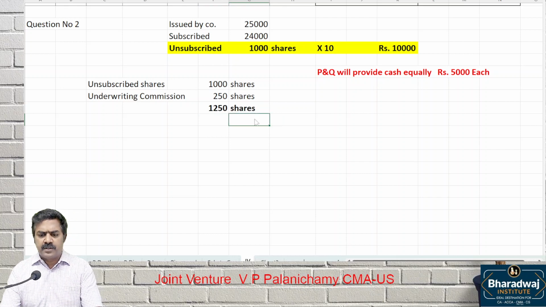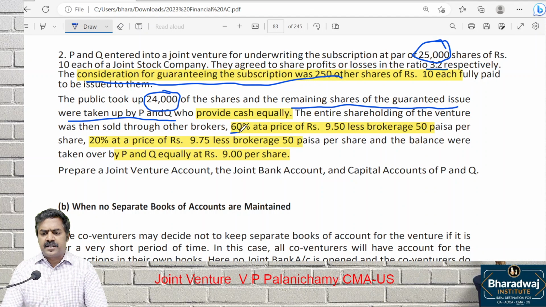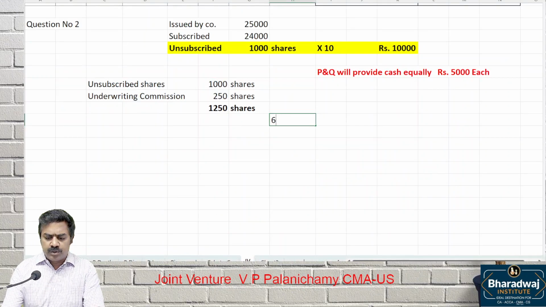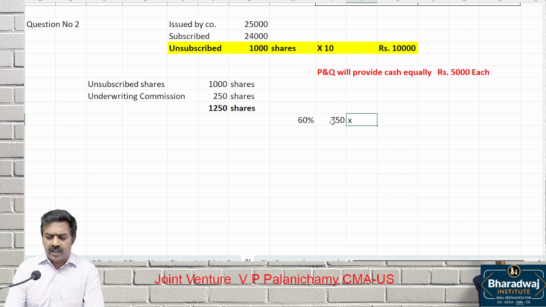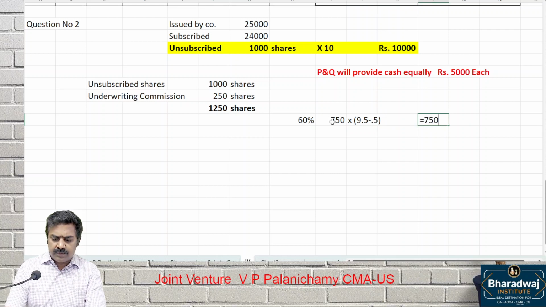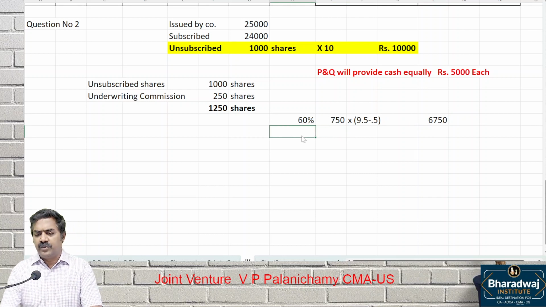What happens to this? Look at this. 60% of shares were sold at a price of 9.5 minus brokerage of 50 paise. So 60% of shares means how many shares will come? 1,250 into 60%: 750 shares are sold at the rate of 9.5 minus 0.5 brokerage. So 750 into 9 rupees, 6,750.